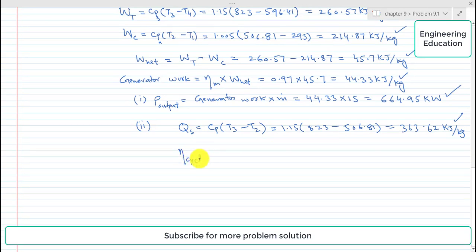Now we can find the cycle efficiency. Cycle efficiency is equal to, in this case, when we assume the losses as well, that is the mechanical efficiency term, we will use the generator work, which is 44.33, divided by heat supplied, which is 363.62.